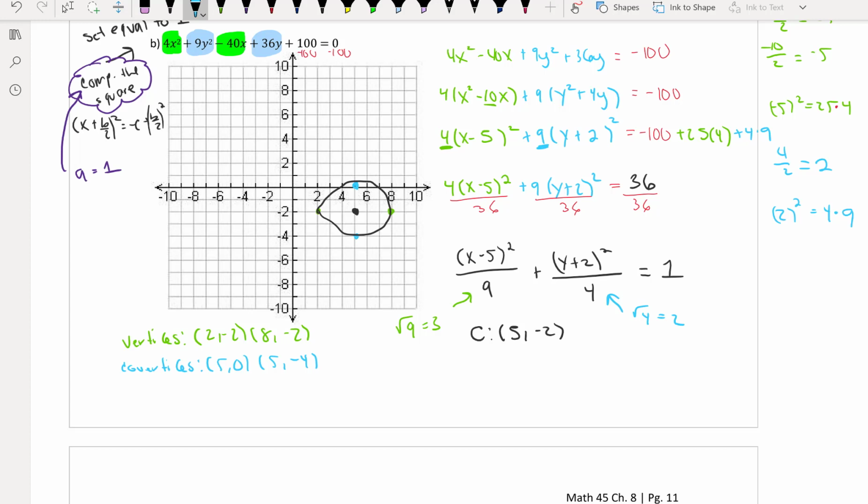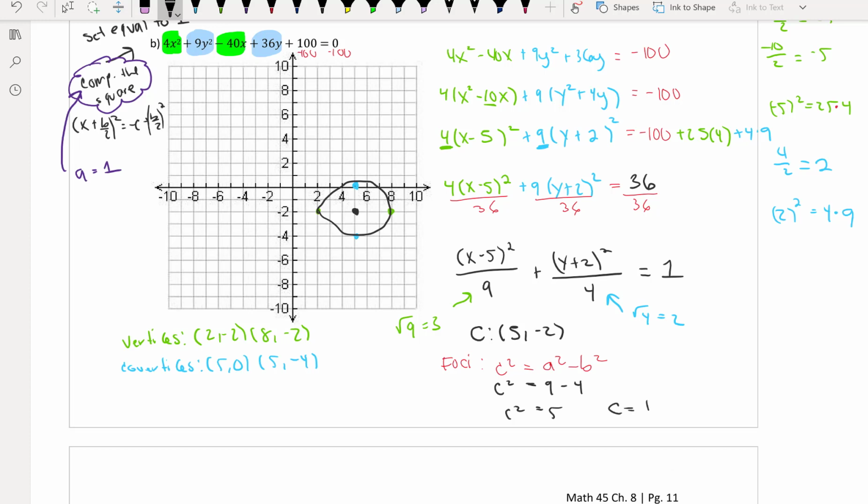And so for my foci, that's where I'm going to do a little bit more work, and that's okay. So for your foci, c squared is equal to a squared minus b squared. So I'm going to have c squared is equal to my a squared, which is 9, minus my b squared, which is 4. So 9 minus 4 is going to give me 5.